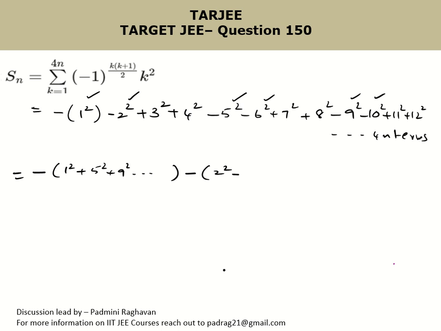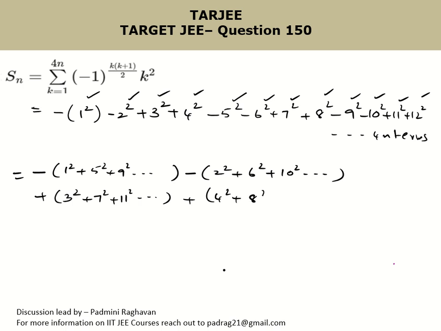Then in the next bracket we'll take 3 square, 7 square, 11 square with a plus sign. Lastly we have 4 square plus 8 square plus 12 square, and so on. Each bracket comprises n terms, so 4 brackets will sum up to 4n terms.